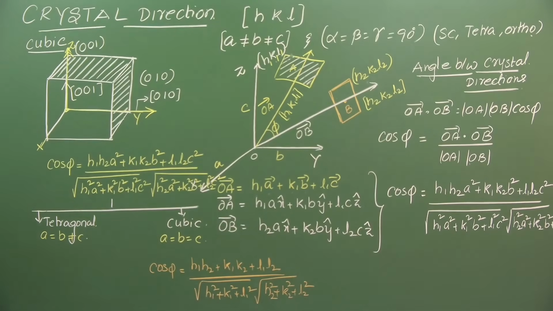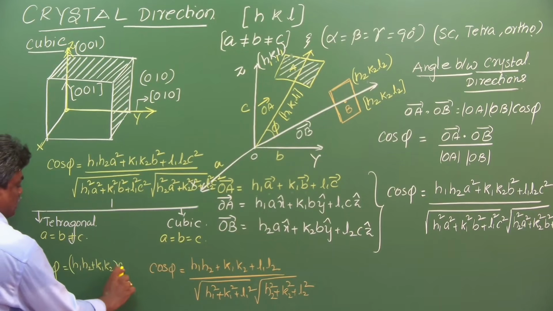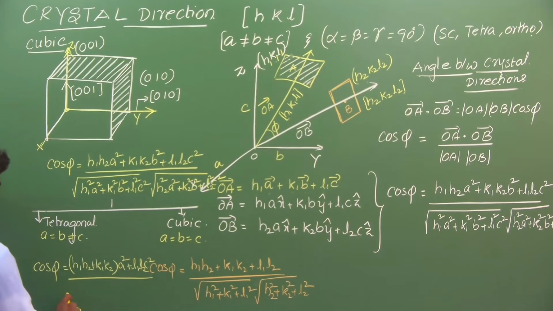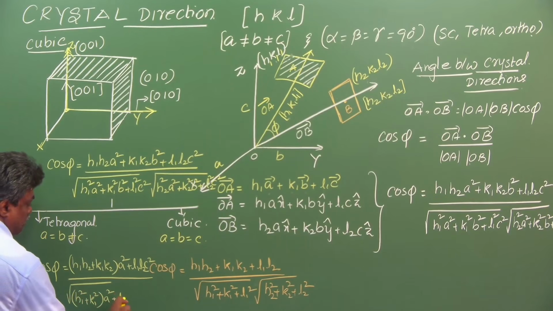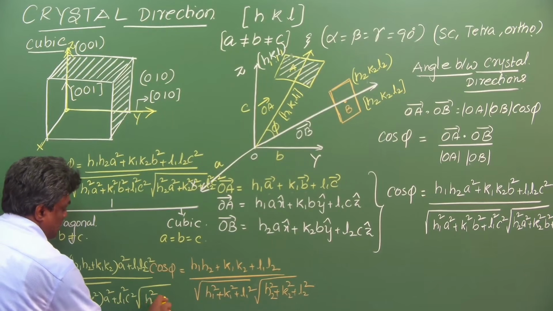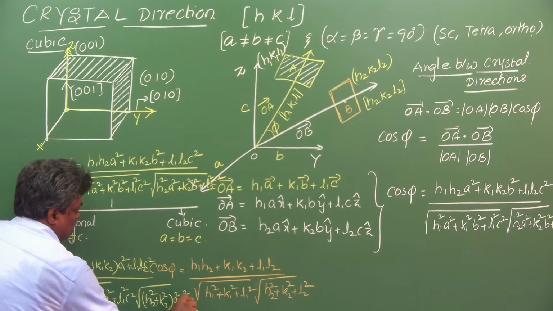Don't neglect, amma. Next here, this cos phi, the tetragonal, A equal to B. That's why H1 H2 plus K1 K2 into A square plus L1 L2 C square divided by under root H1 square plus K1 square into A square plus L1 square C square, under root H2 square plus K2 square into A square plus L2 square C square.